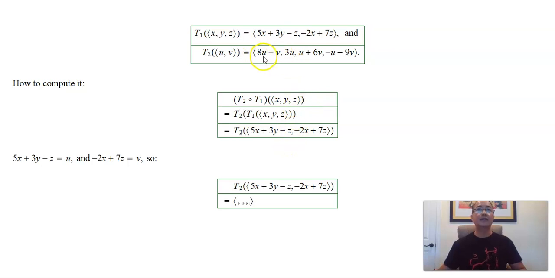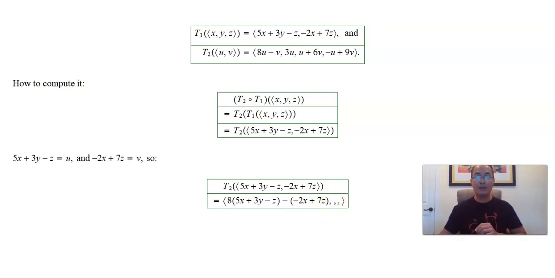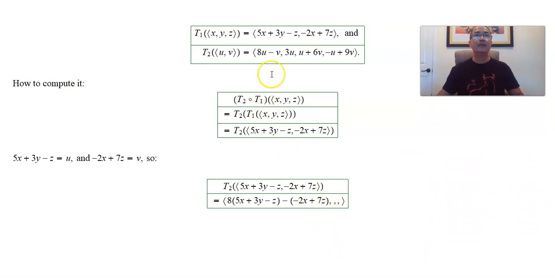Okay, so what's the first thing? We want 8u minus v. So we want 8 times u is over here, minus v. Minus, who is v? Over here. Okay, and then, I better scoot up here. Now we need 3u by itself. Okay, so the second component is very short.